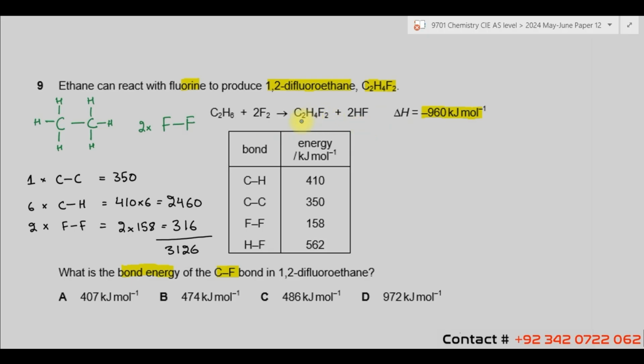Let's move to the other side. We have C2H4F2, so 2 carbons, 4 hydrogens, and 2 fluorine atoms. We have 2 moles of HF.